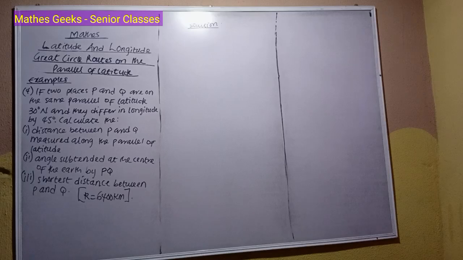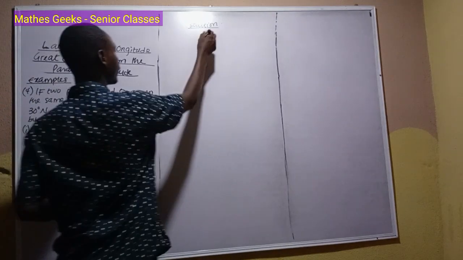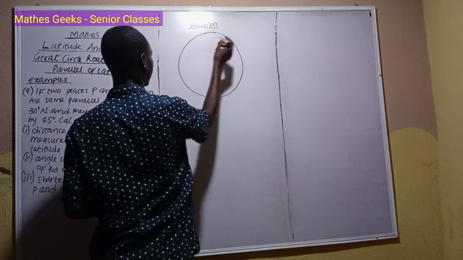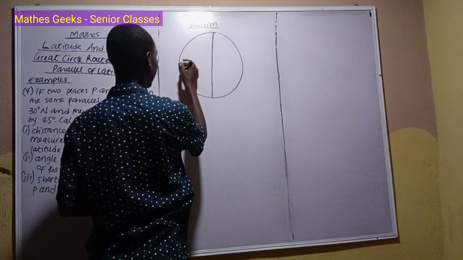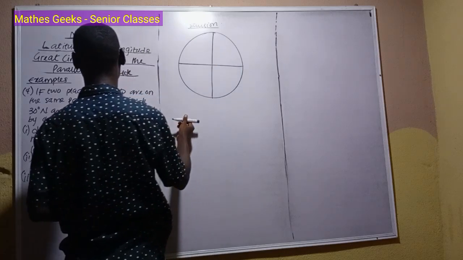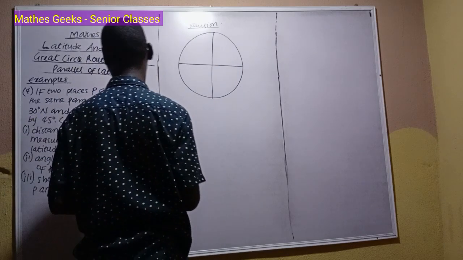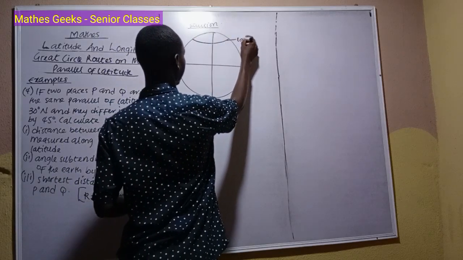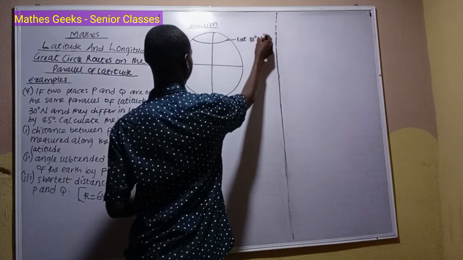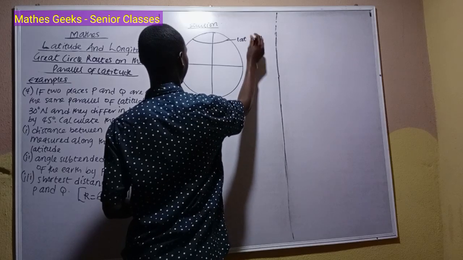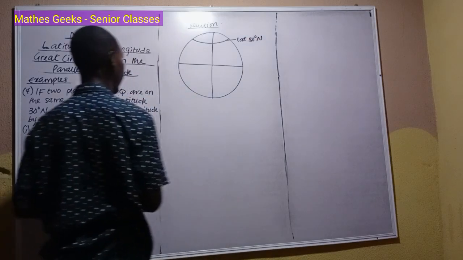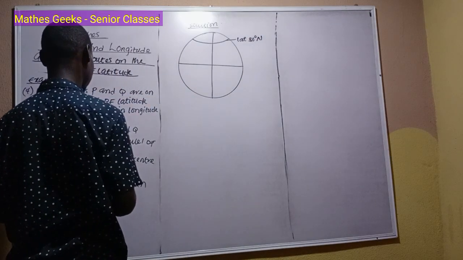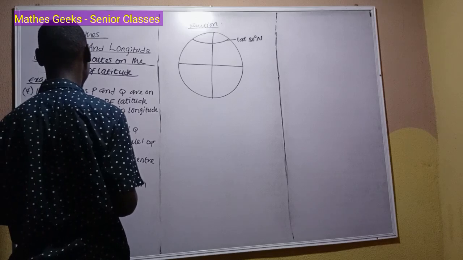Also find the angle subtended at the center of the Earth by PQ, and the shortest distance between P and Q. So P and Q are on the same parallel of latitude 30 degrees north, and they differ in longitude by 45 degrees.